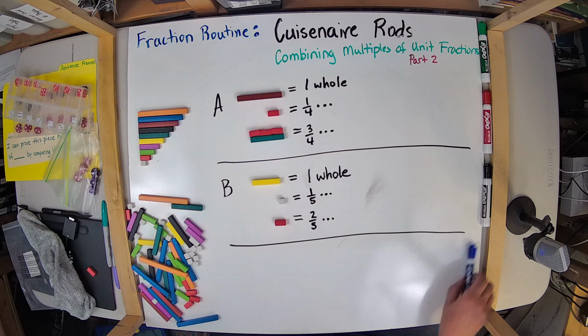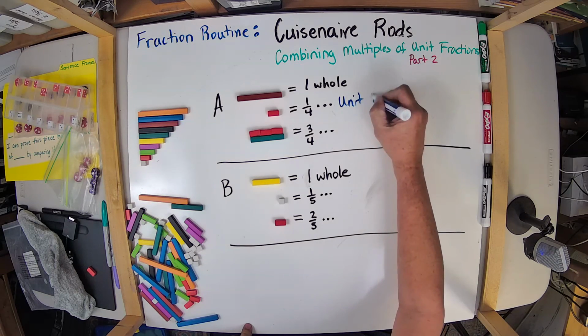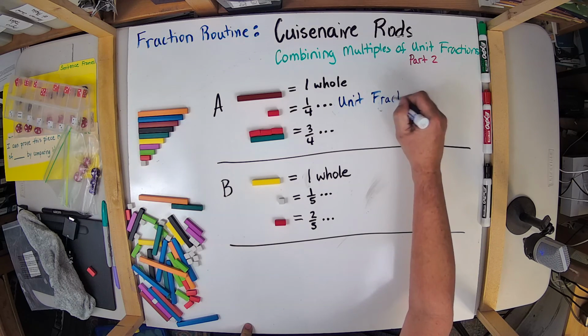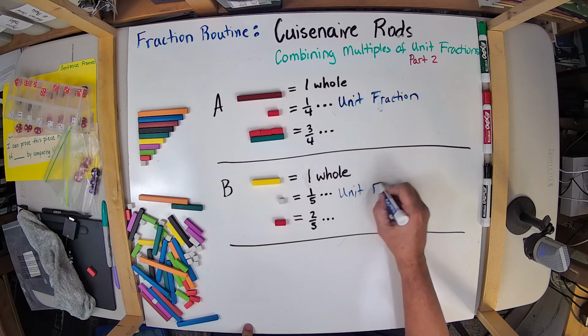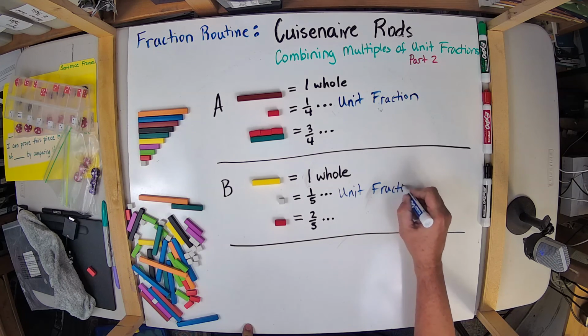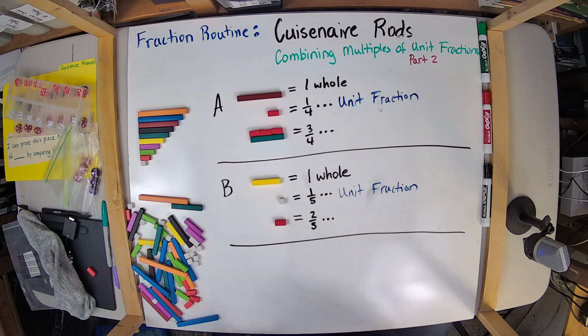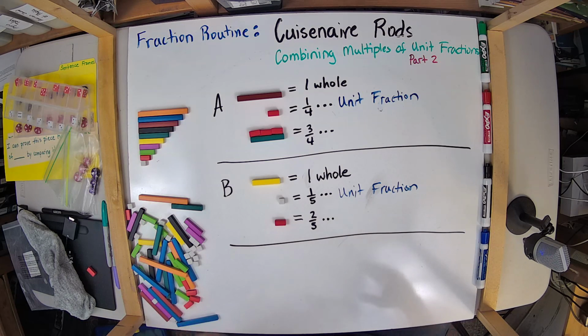By the way, notice that each of these is the unit fraction. And this is the unit fraction that connects these two. And so that's why we spent so much time establishing how you find out what a unit fraction is. All right.